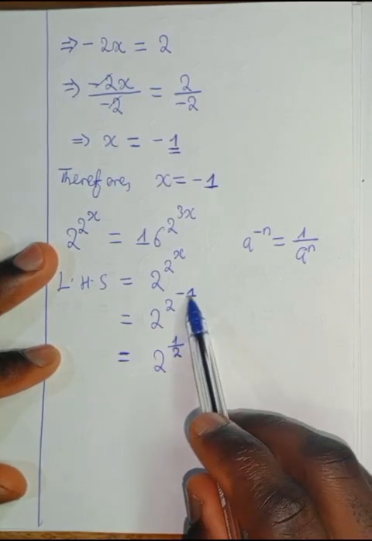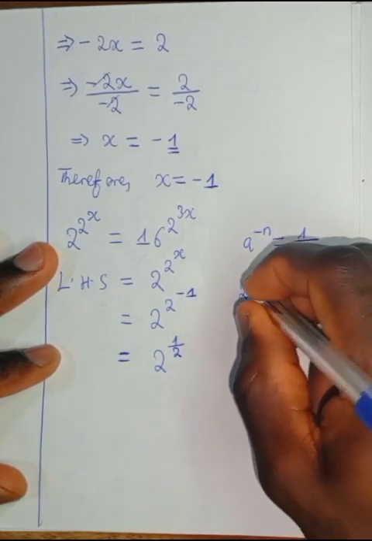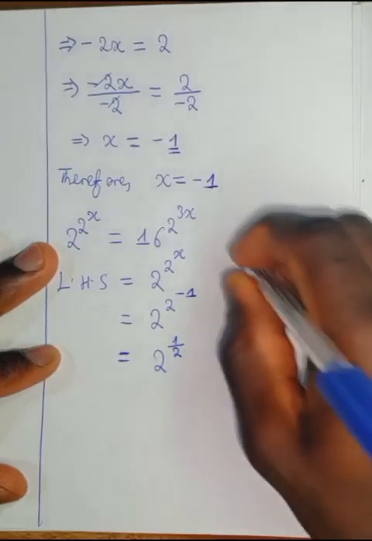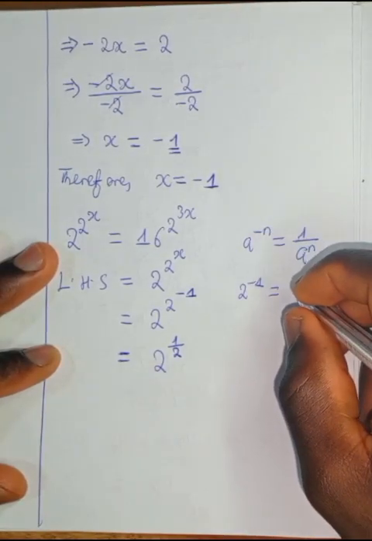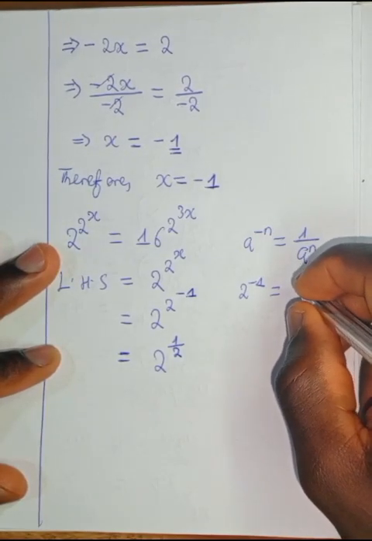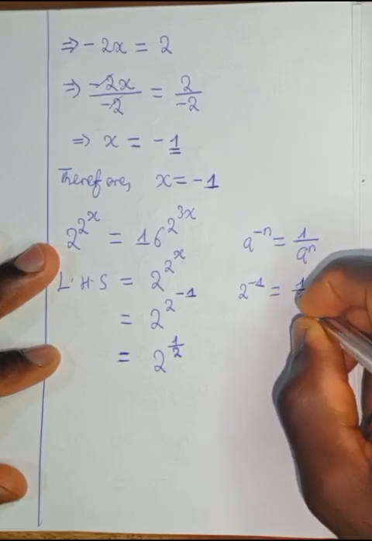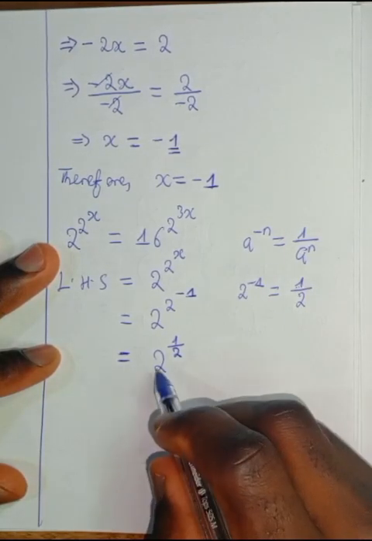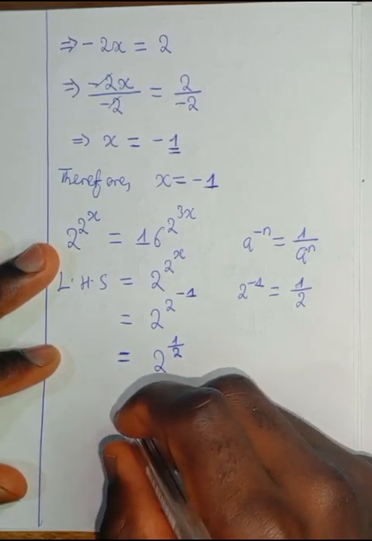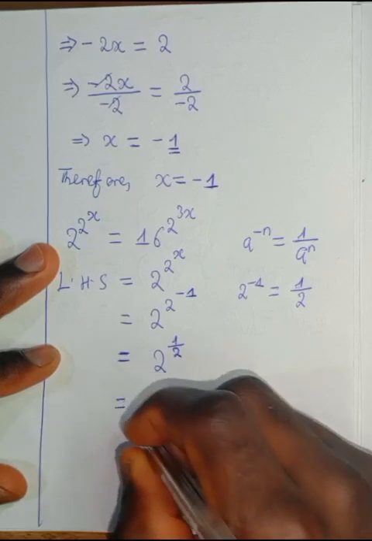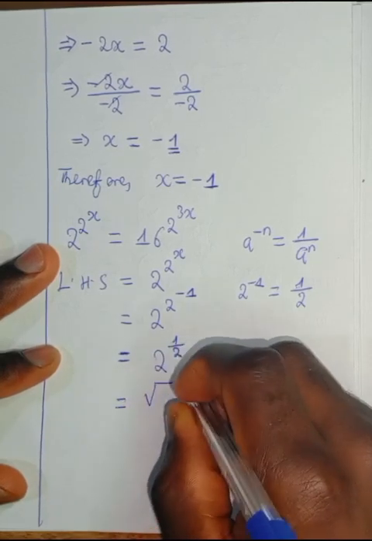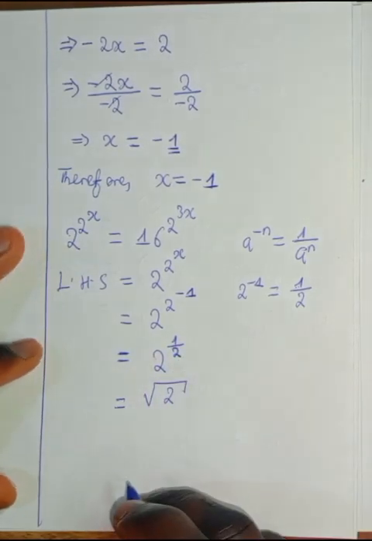If you take 2 raised to the power negative 1, to make use of this, it will simply be equal to a half. We know 2 raised to the power a half is simply equal to the square root of 2.